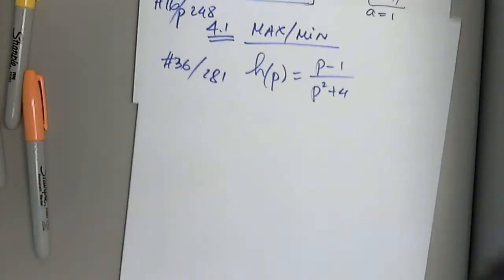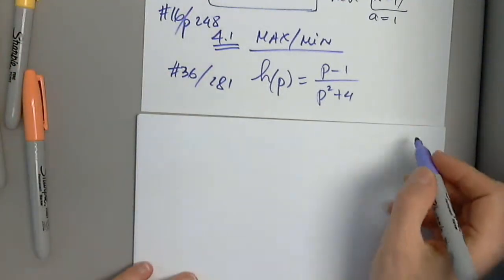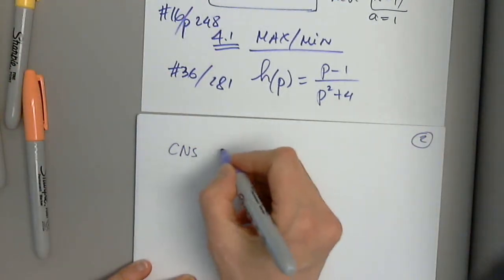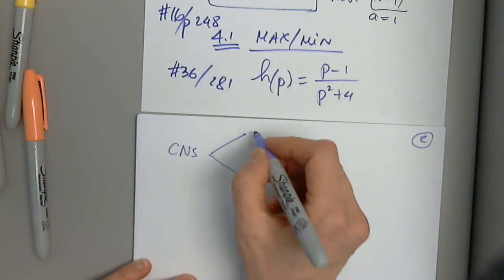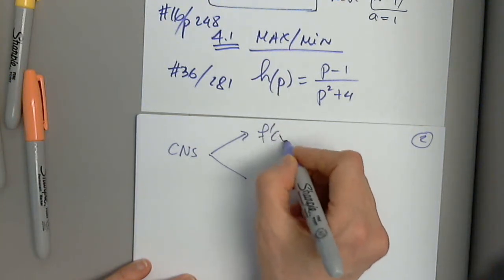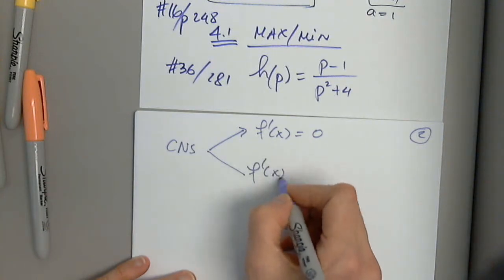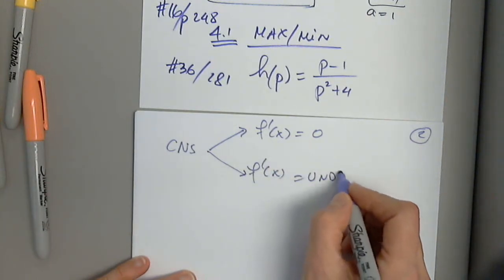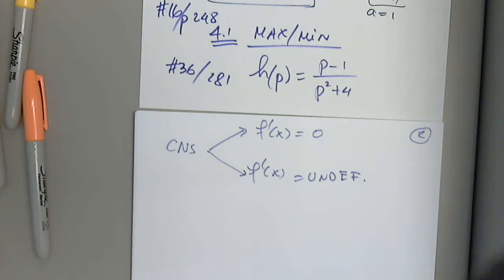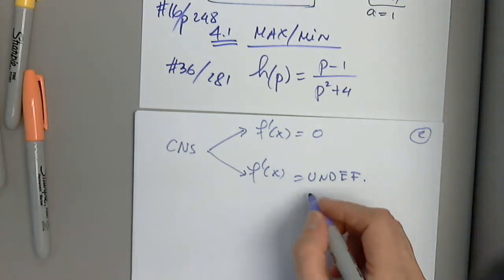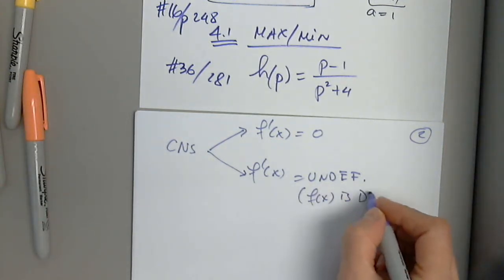So let me refresh your memory. Critical numbers can come from two sources. One from f prime of x being 0, and one from f prime of x being undefined. But the function is defined. Yes, f of x is defined.